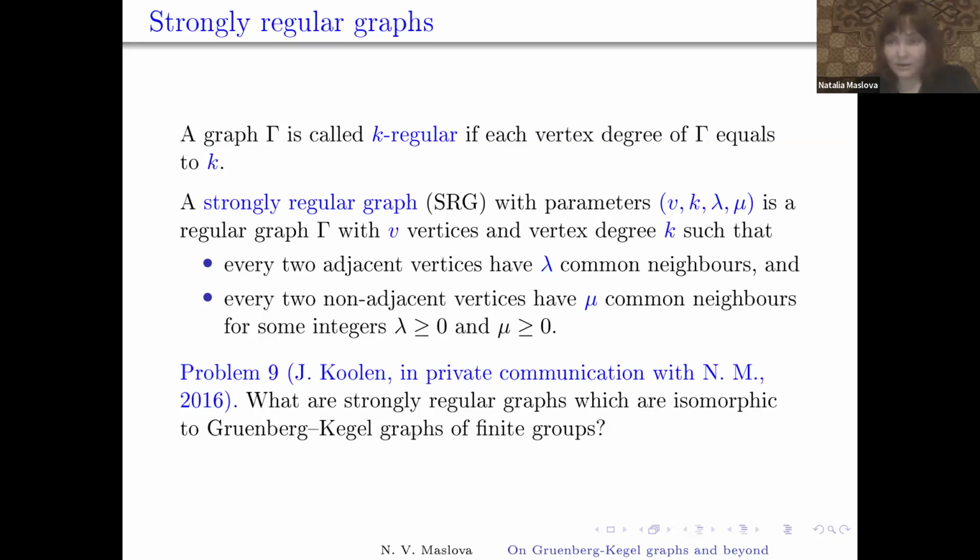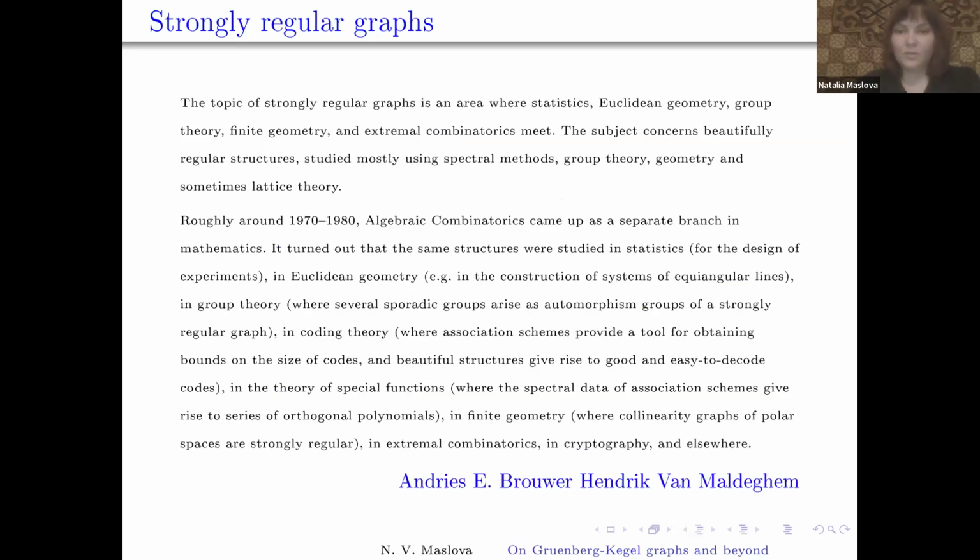And around 10 years ago, Jack Cullen, in private communication with me, asked, what are strongly regular graphs which are isomorphic to Gruenberg-Kegel graphs of affine groups? Why is this case interesting? Really, strongly regular graphs have very, very strong impact on many areas of mathematics: coding theory, group theory, geometry, lattice theory, and so on.